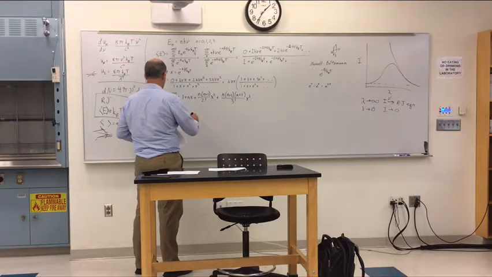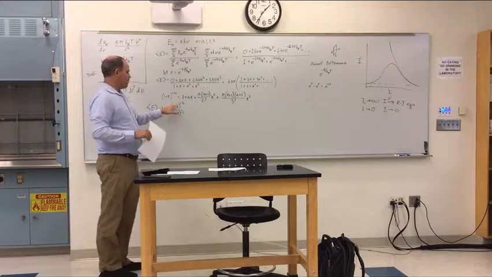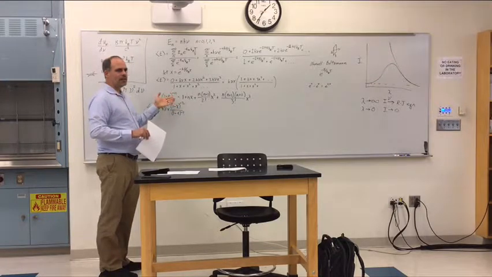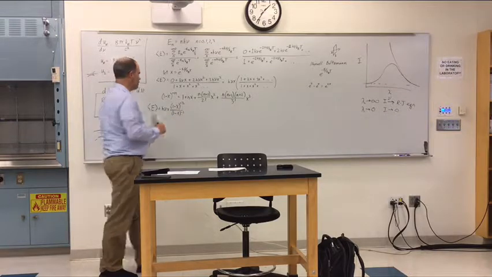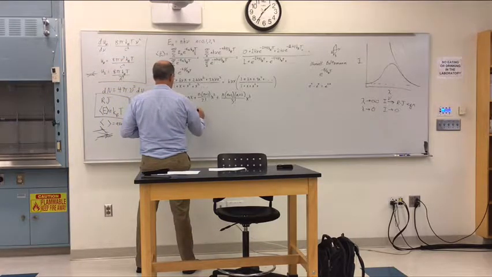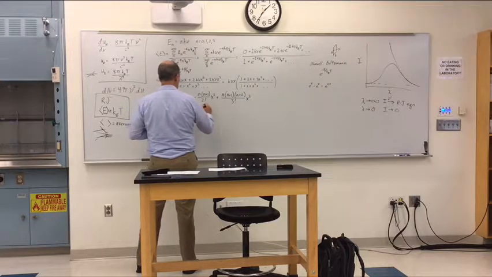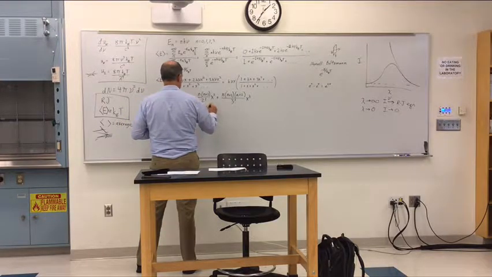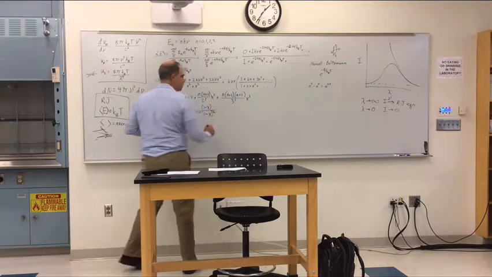Okay, so if we have something raised to a negative exponent, it's the same as taking the reciprocal, putting it on the bottom, and getting rid of the negative. So this is equal to h nu x, 1 minus x to the first divided by 1 minus x to the second.